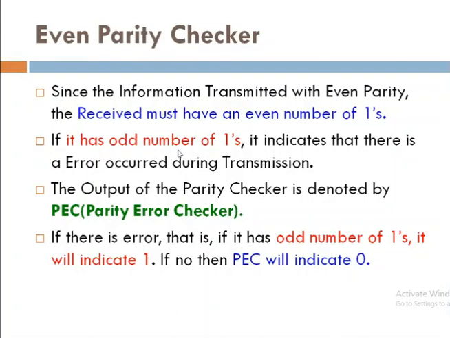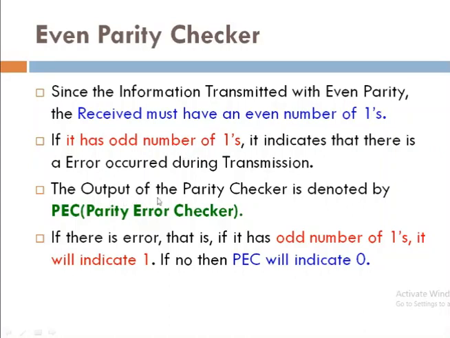We are checking the data, and it depends on the type of data to be checked, either even data or odd data. Now the concept for the even parity checker: if in the received data the number of ones is even, then we can say the received data is correct. If the number of ones is odd, then we can say there is an error.